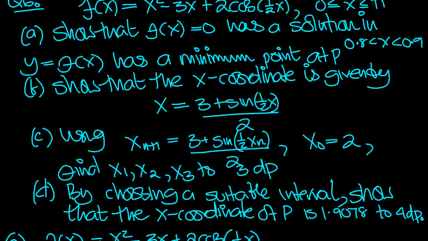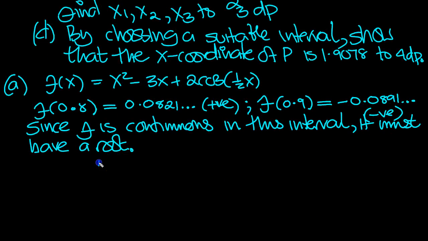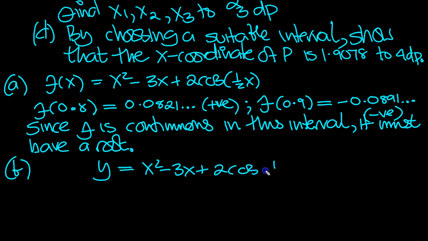Okay, f(x) has a minimum point at P. Show that the x-coordinate is given by this. So minimum. This is part B now. y is equal to x squared minus 3x plus 2 cosine half x. So y dashed is equal to 2x minus 3. Differentiate this and this.